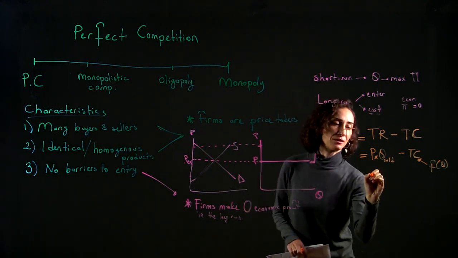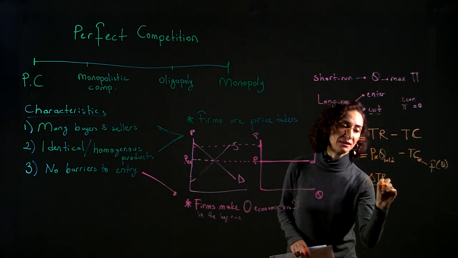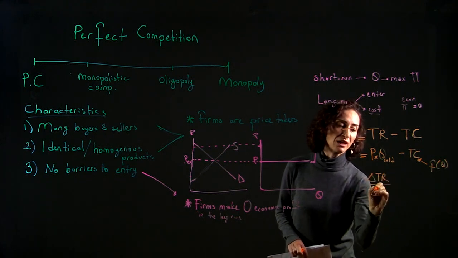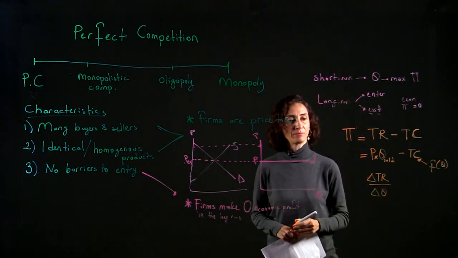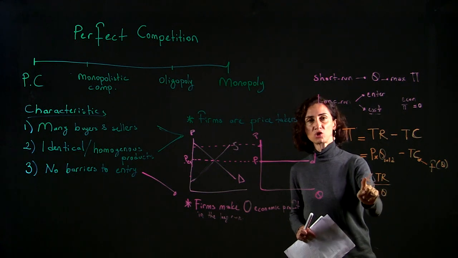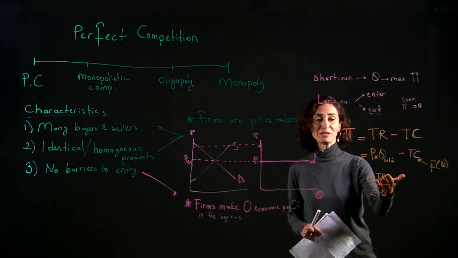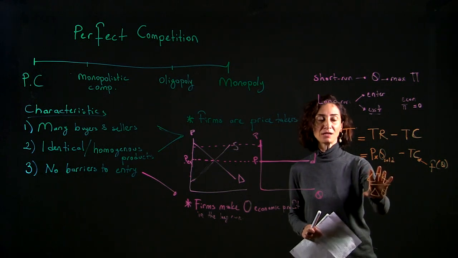Basically, I have to compare two things. How much my total revenue increases in response to a change in quantity. So this is change in total revenue divided by change in quantity. If we draw a total revenue curve, this would be the derivative of that curve, right?